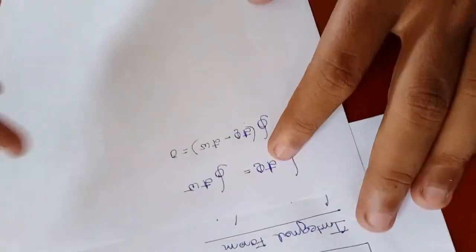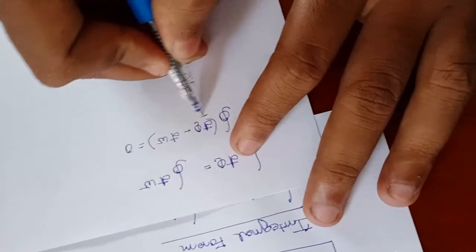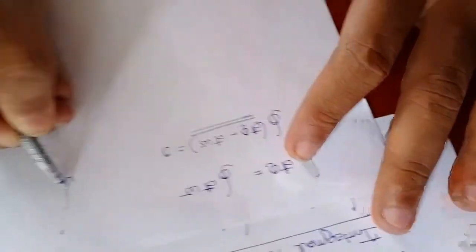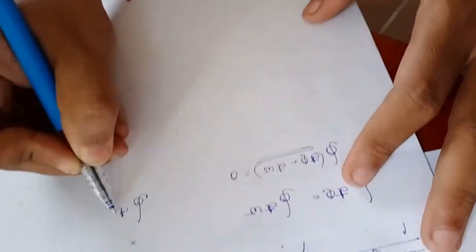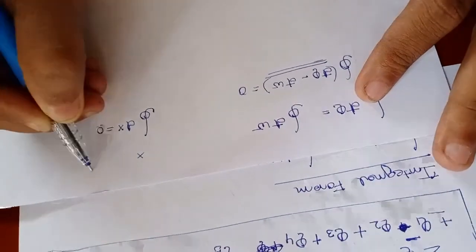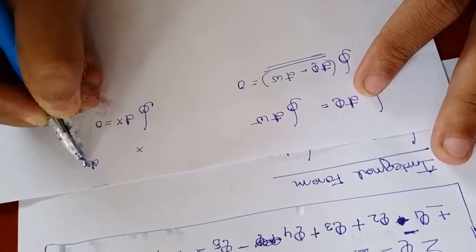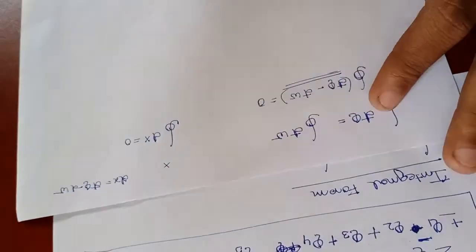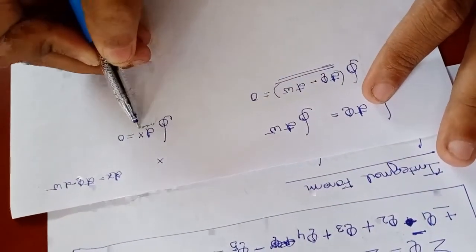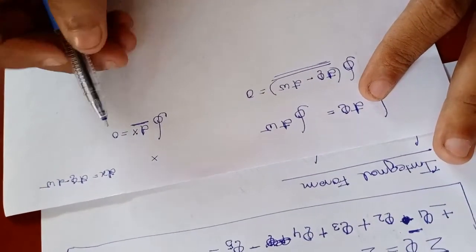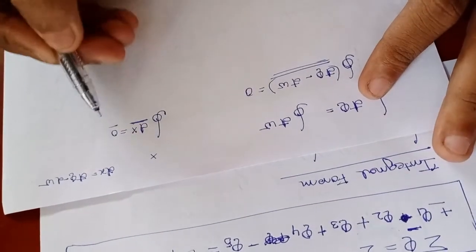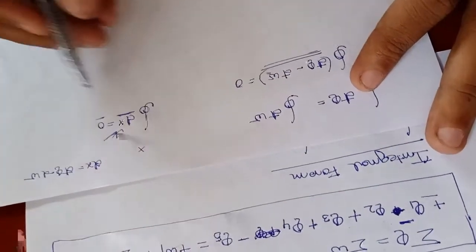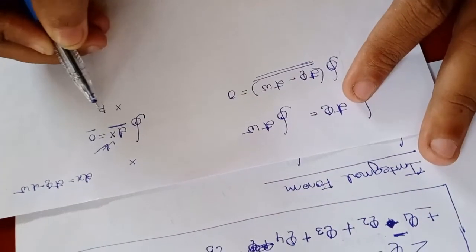Now there comes the beauty of thermodynamics. If we take this as a single quantity, suppose x, we can say cyclic integral of dx is equal to 0, where dx is nothing but dq minus dw. Now we know that if the cyclic integral of a derivative is 0, that means this function is a point function.